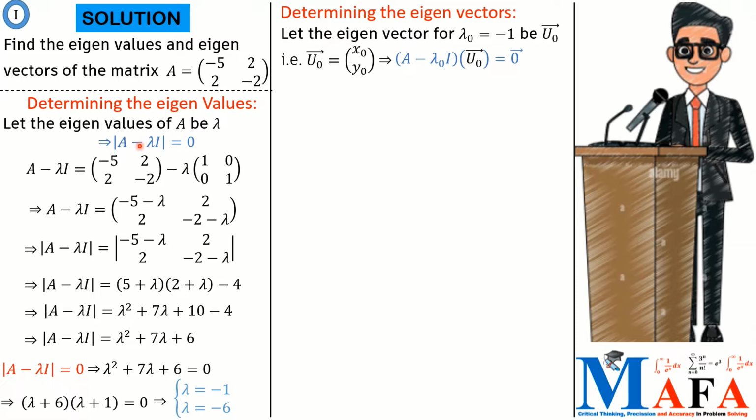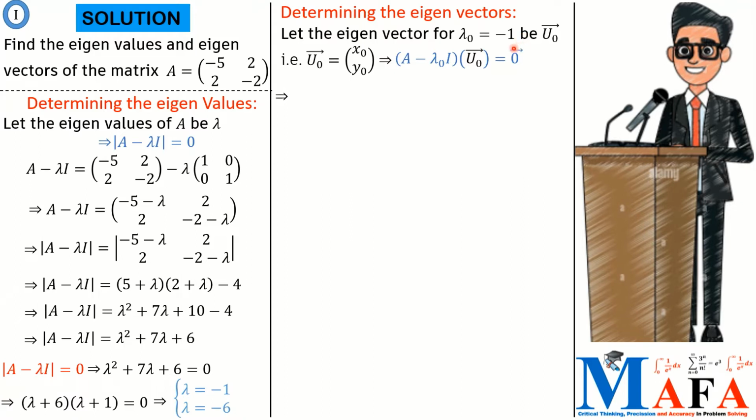Remember, it is not equated to 0, it is equated to the 0 vector. Now, what is a 0 vector? Since we are in 2 dimensions, the order of our matrix is 2, so the 0 vector is just going to be the column 0, 0. If the main matrix A was 3 by 3, then the 0 vector is going to be the column 0, 0, 0.